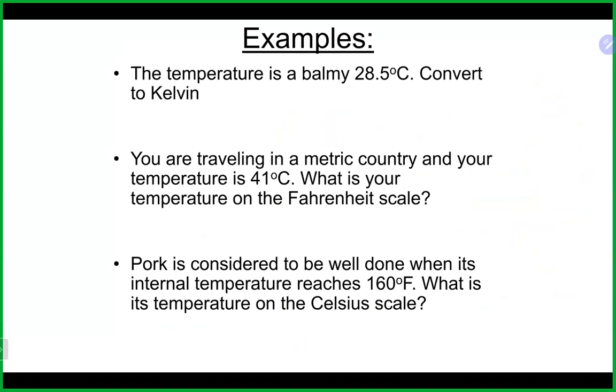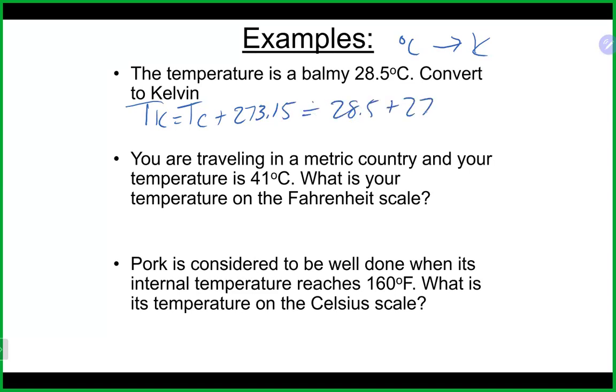Okay, so let's take a look and see. First off here, we have the temperature in Celsius, degrees Celsius. We want to go to Kelvin. So a reminder that the temperature in Kelvin will equal the temperature in Celsius plus 273.15. So putting in our number there, 28.5 plus 273.15, that's going to get us 301.65 Kelvin.